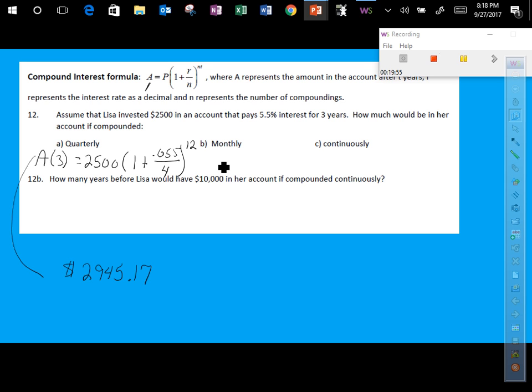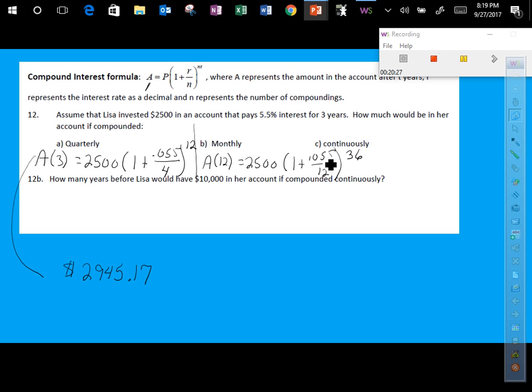The only thing that's going to change if it's monthly, I could do this. The amount when compounded monthly could look like this: 2,500 times 1 plus 0.055 over 12, raised to the 12 times 3, which is 36.